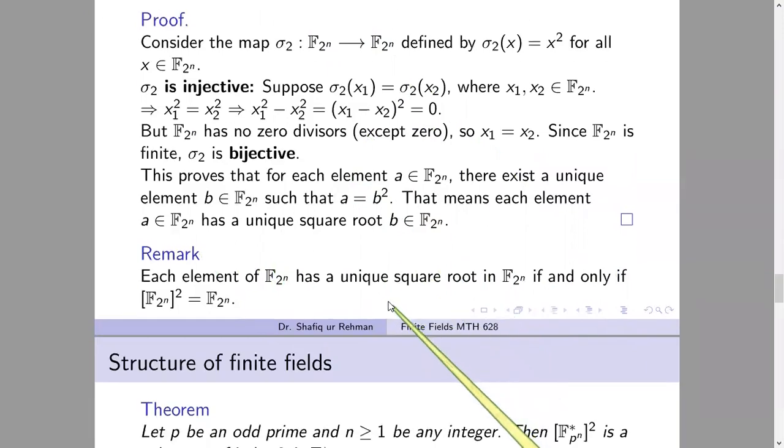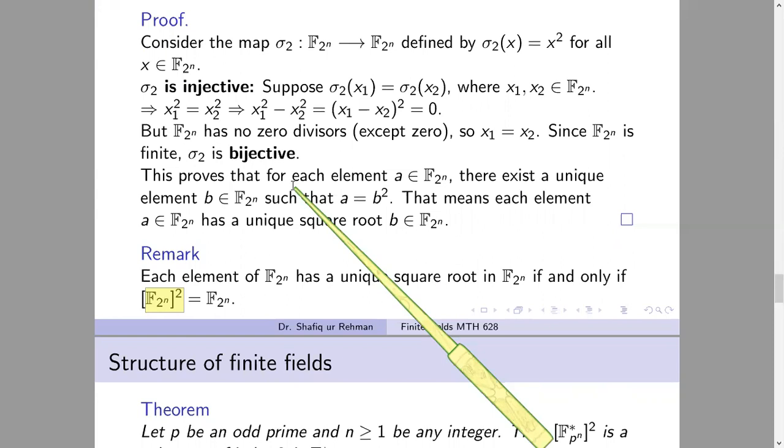And one thing is important: each element has a unique square root if and only if the set of squares of all the elements equals f2 power n. If we take the set which consists of all the squared elements, it equals f2 power n only when this map is bijective, and if this map is bijective, it means they have unique square roots.